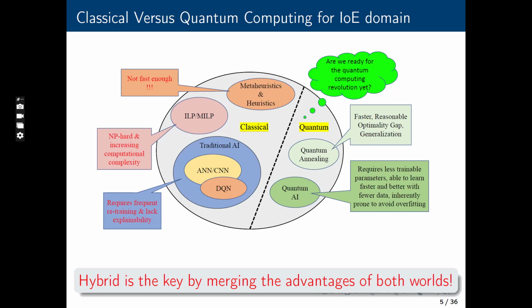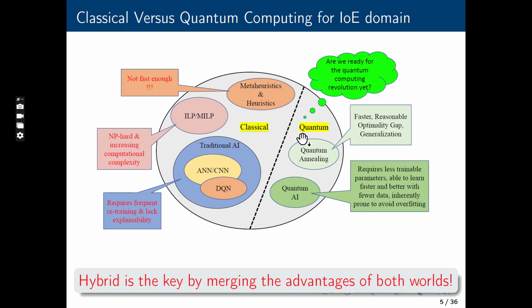So they are able to learn faster and better with fewer data compared to their classical counterpart. Now you might think that learning and predicting with fewer data means overfitting on the data, but it's not quite the case in quantum here, because as per Hölder's theorem, it has been theoretically proven that quantum AI techniques are inherently prone to avoid any kind of overfitting.